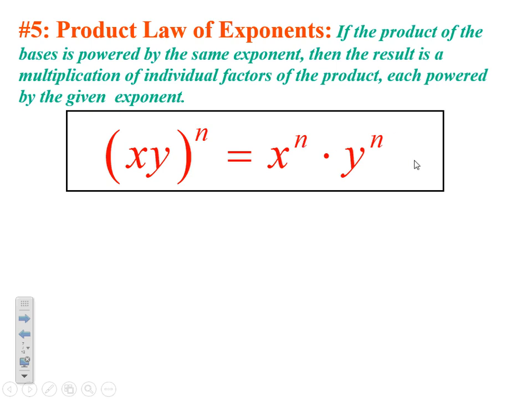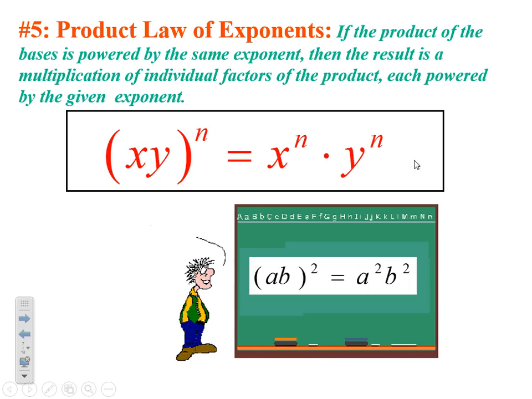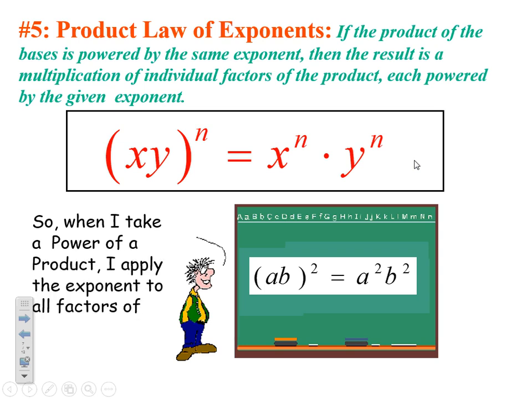Both get that exponent. Now example is going to be a times b to the 2nd power, which would equal a to the 2nd times b to the 2nd. So when I take a power of a product, I apply the exponents to all factors of the product. So it's going to every single thing that's going to be multiplied together.